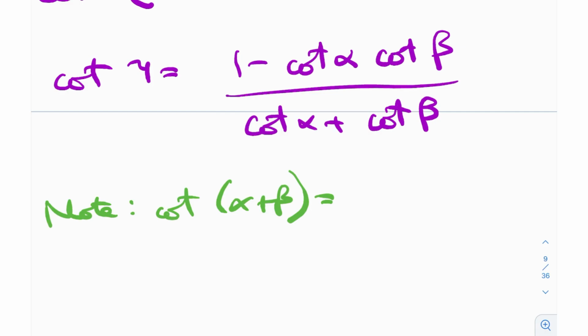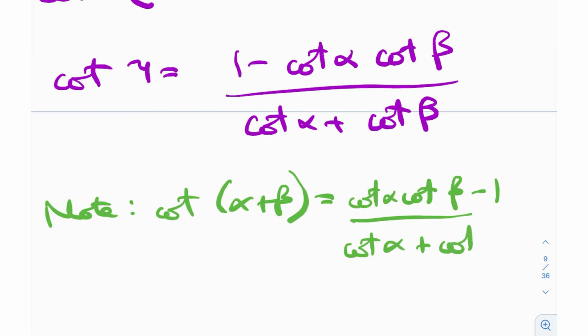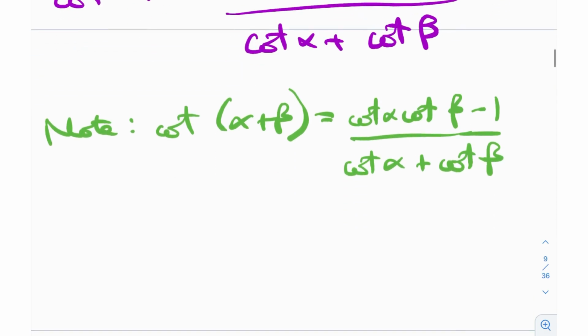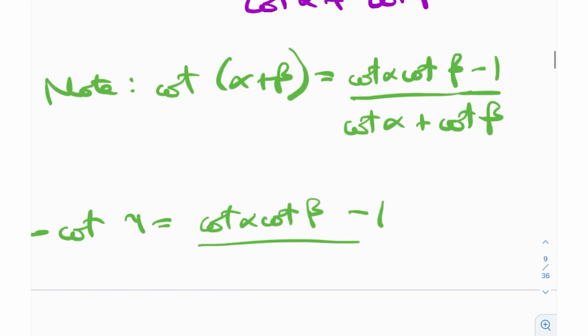So cot of alpha plus beta happens to be (cotangent alpha cotangent beta minus 1) divided by (cotangent alpha plus cotangent beta), which is quite similar to what we obtained here, which I wrote in purple. The only difference is that the numerator needs to be shifted by a negative sign. So I can write negative cotangent gamma is equal to (cotangent alpha cotangent beta minus 1) divided by (cotangent alpha plus cotangent beta).